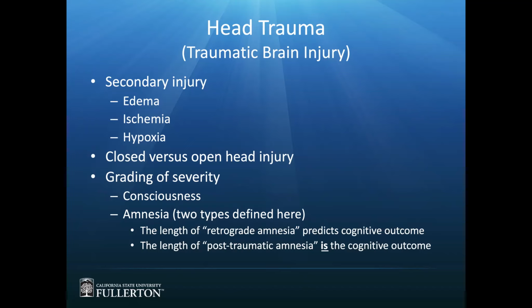I wanted to mention the difference, this distinction between closed and open head injury. What I've just talked about up till now doesn't mention anything about an opening, and many times in trauma and auto accidents, for example, the skull may have a fracture, maybe it doesn't, but it's basically intact.